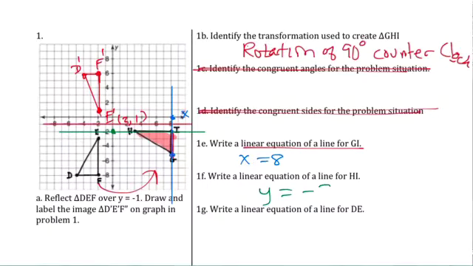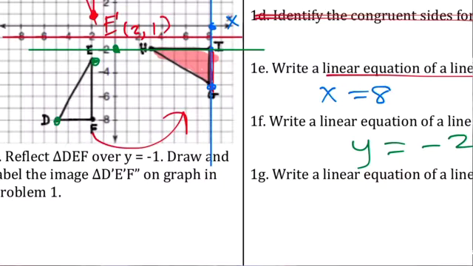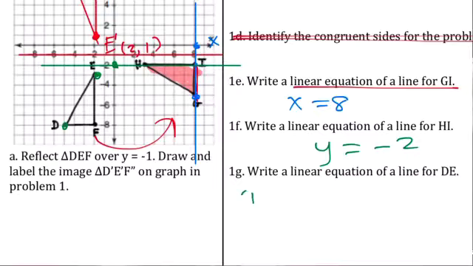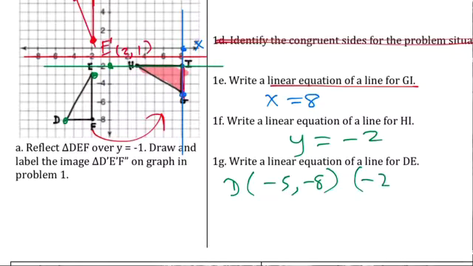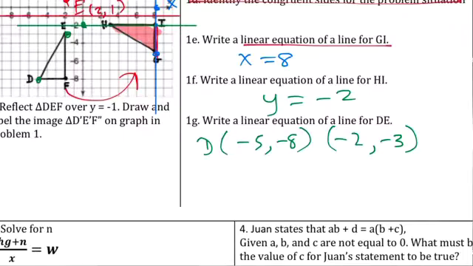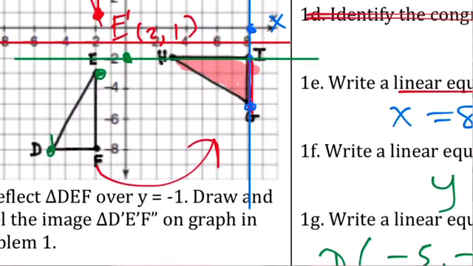DE is different, right? D and E. D is (-5, -8). E is (-2, -3). And the slope is 1, 2, 3, 4, 5 over 3.